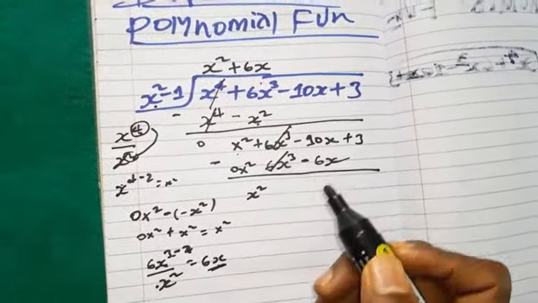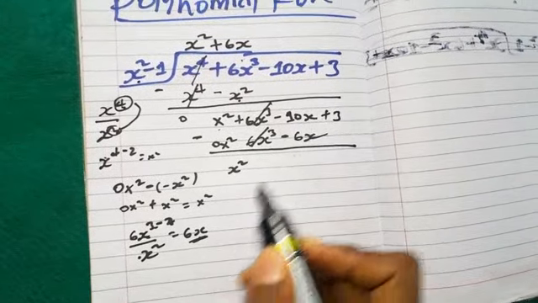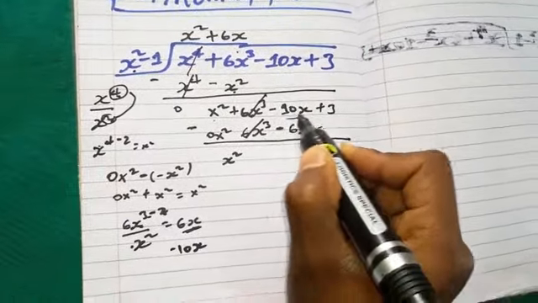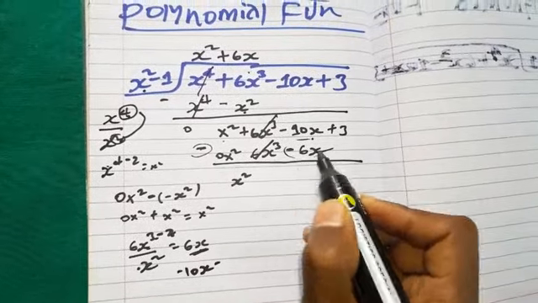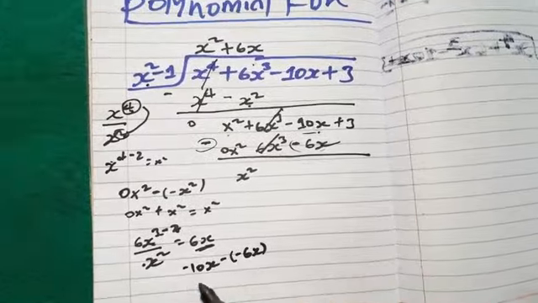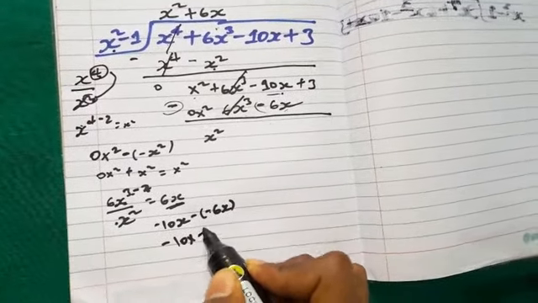Then minus 10x, and also this minus 6x. Minus 10x, this minus becomes positive 6x.